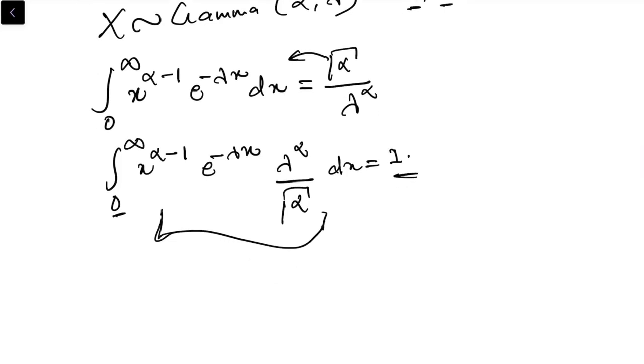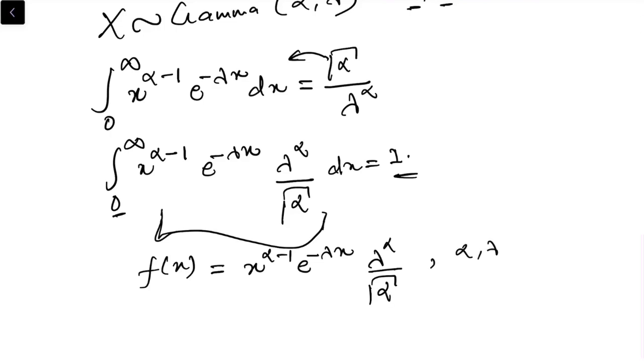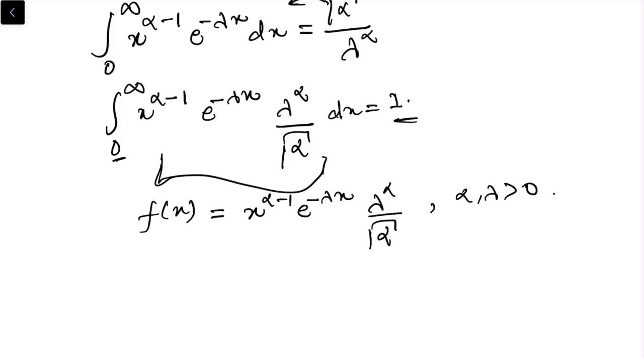So we can say the PDF of gamma distribution is lambda to the power alpha divided by gamma alpha, times x to the power alpha minus 1 e to the power minus lambda x, where alpha and lambda are greater than 0. Okay, so this is how we can derive the PDF of gamma distribution.